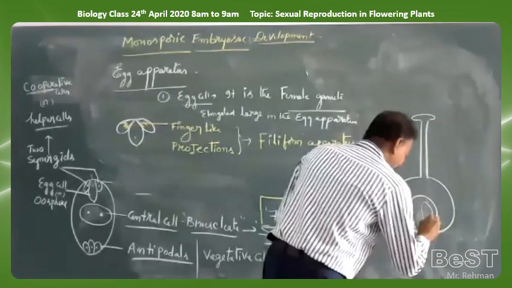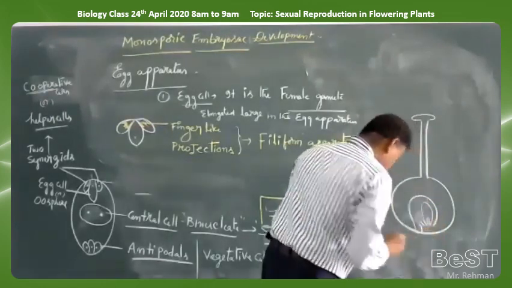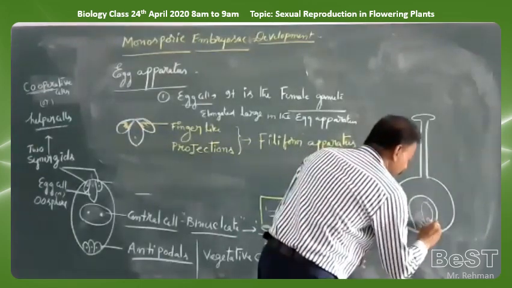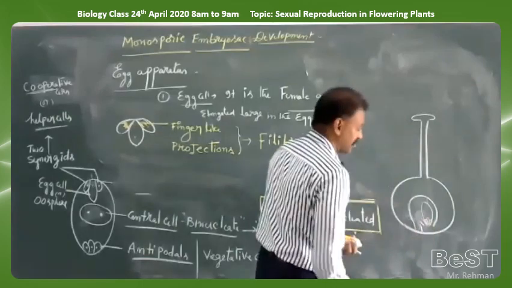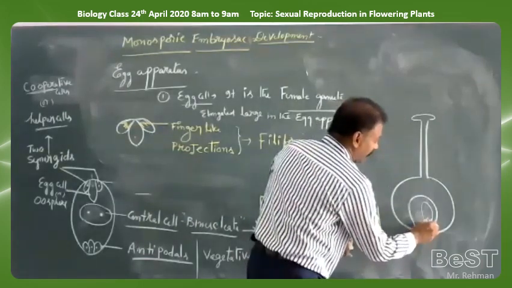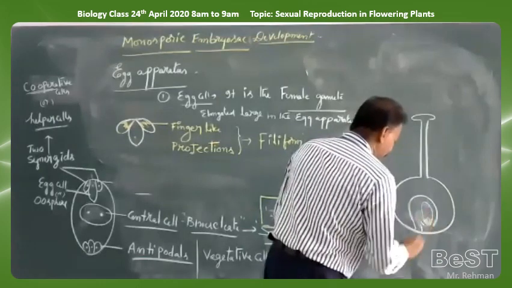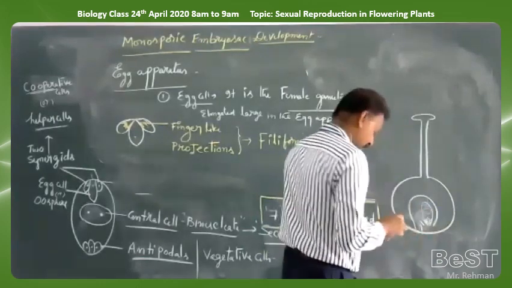Here our so-called egg, here our so-called synergids with filiform apparatus, opposite antipodals, central cell.